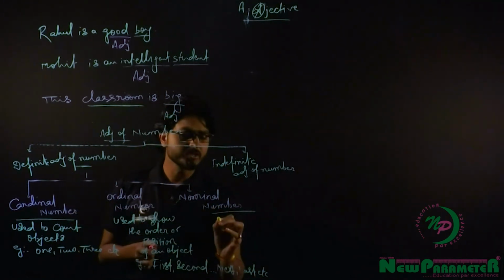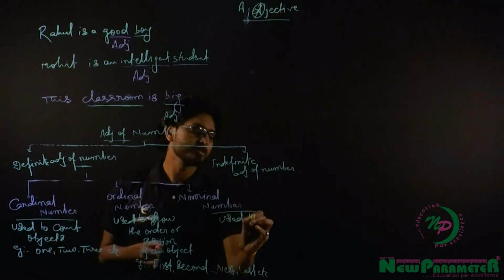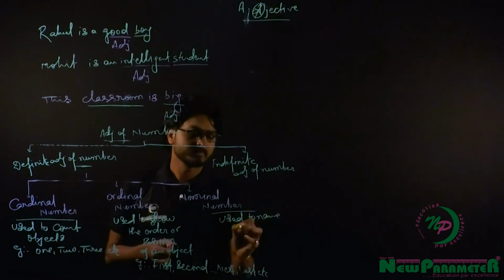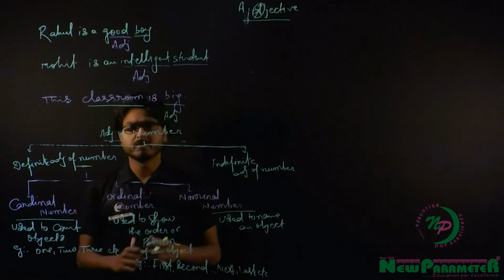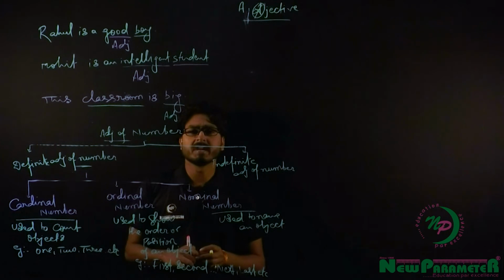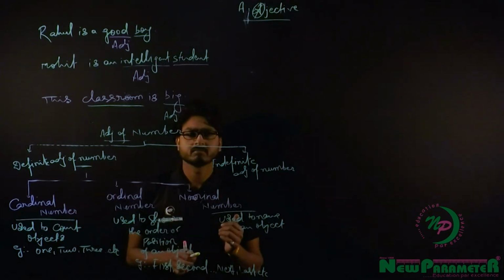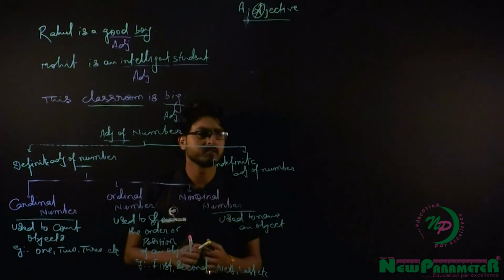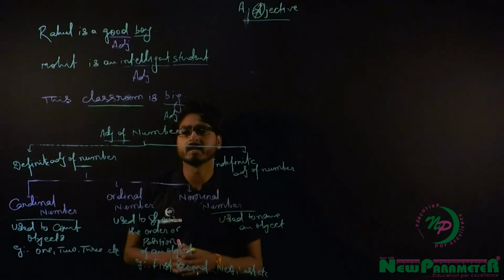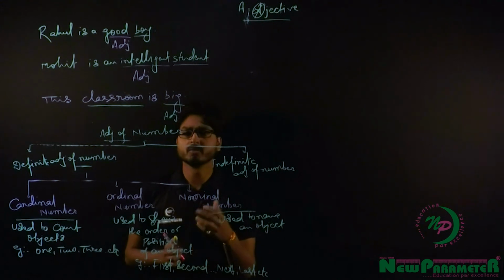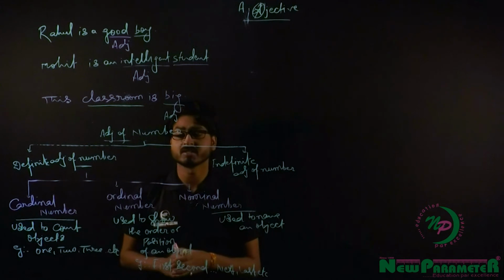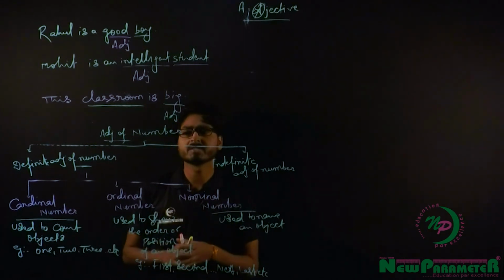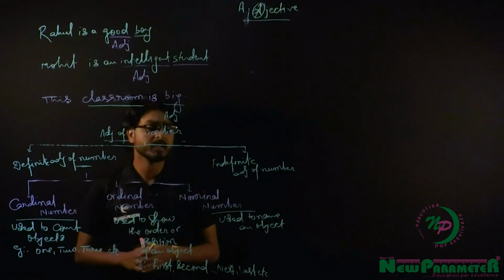Nominal number is basically used to name an object, whatever number we use for any place or a thing or a person. Suppose you are a very big fan of cricket, and in cricket the name that is considered the god of cricket is Sachin Tendulkar, one of the best cricketers in the world.